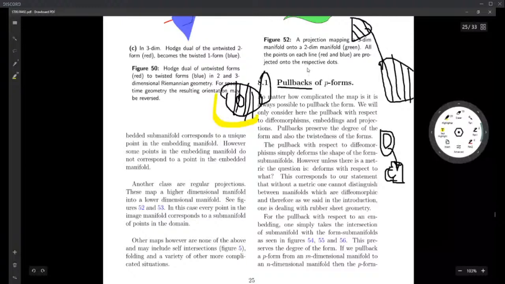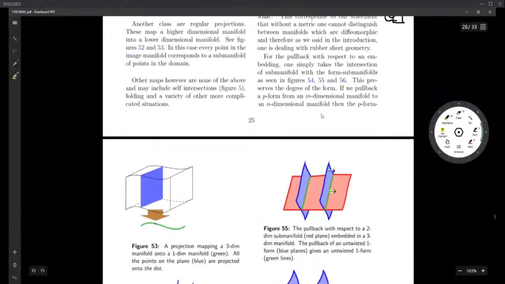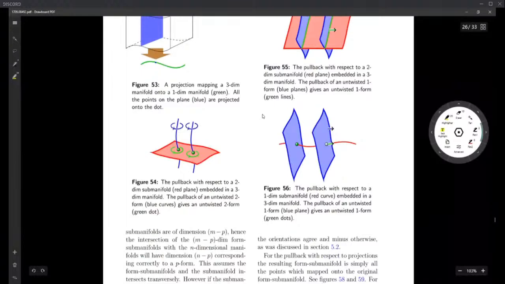And your p-form is basically just, as Rishi mentioned earlier, you're taking a vector, a covector, multiple vectors, and you just want to get to a real number. So these images will give us a good picture of what it means.